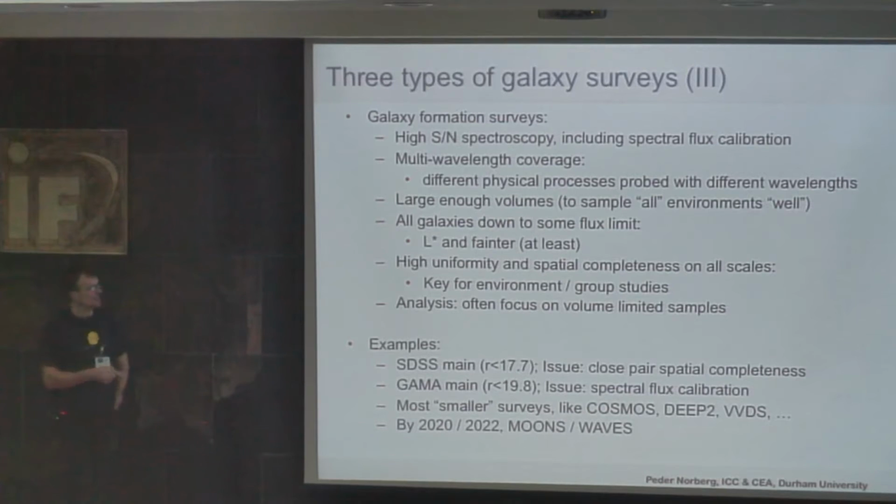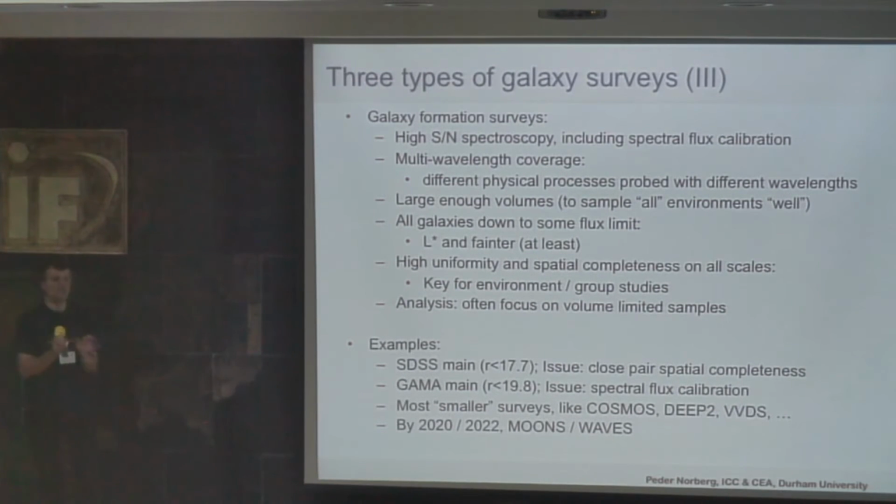Large enough volume, but to sample all environments well. I put all these words in quotes because there's no real definition of what is all and well. It's typically related to an instrumentation limitation, that you could not put two fibers too close to each other, even though you put them in manually on the focal plane.